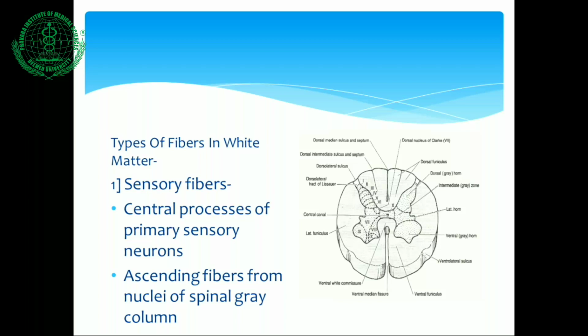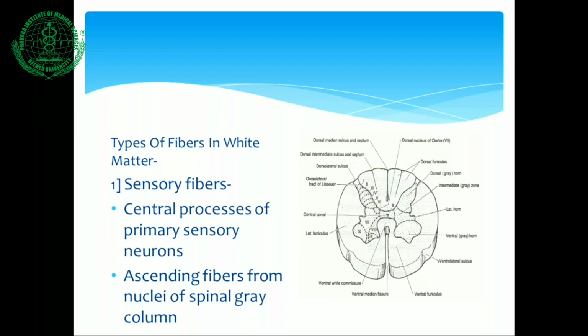These are the three different types of fibers present in white matter of spinal cord. The sensory fibers of white matter mainly consist of central processes of primary sensory neurons. Then it consists of ascending fibers from nuclei of spinal gray column.